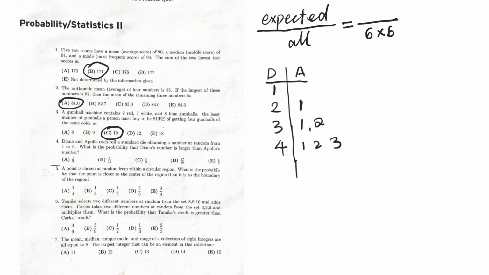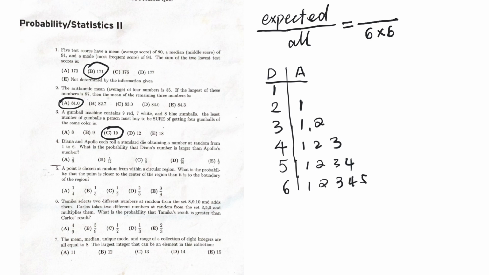If Diana's number is 5, Apollo's number can be 1, 2, 3, 4. If Diana is 6, Apollo can be 1, 2, 3, 4, 5.